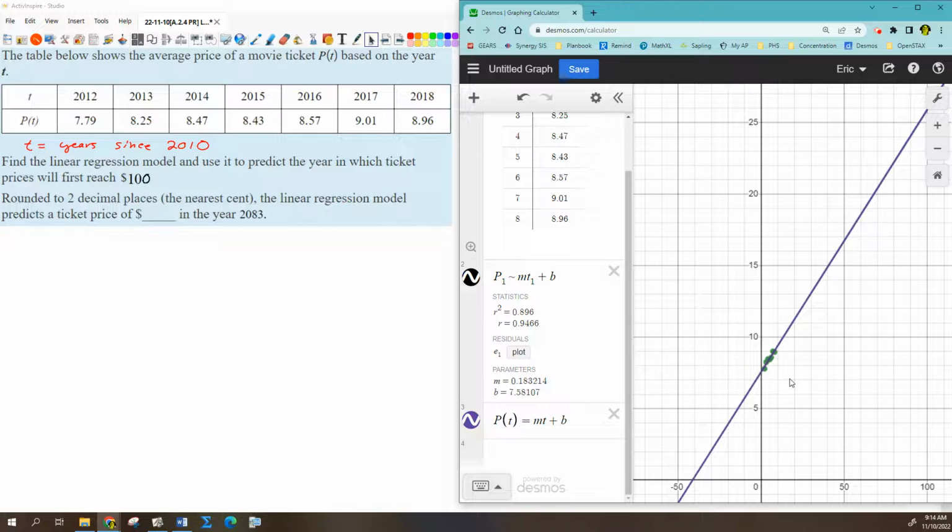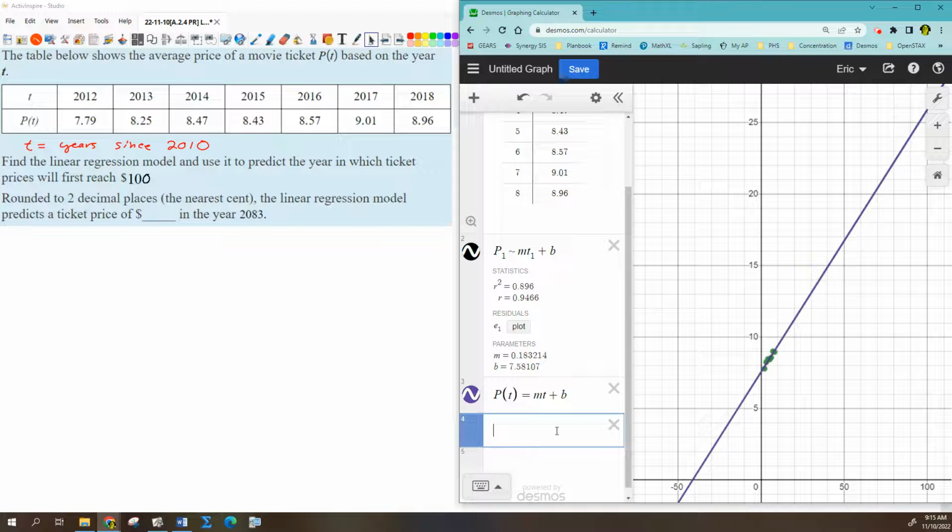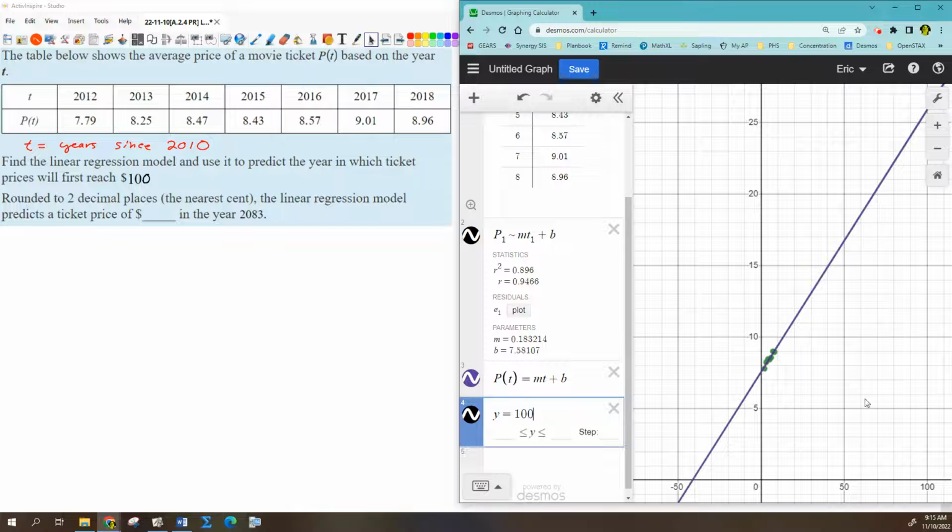I don't even have to do P of T. I could just say Y equals 100. I just need to draw a horizontal line that has a Y value of 100. Okay. So I'm going to call that Y equals 100.